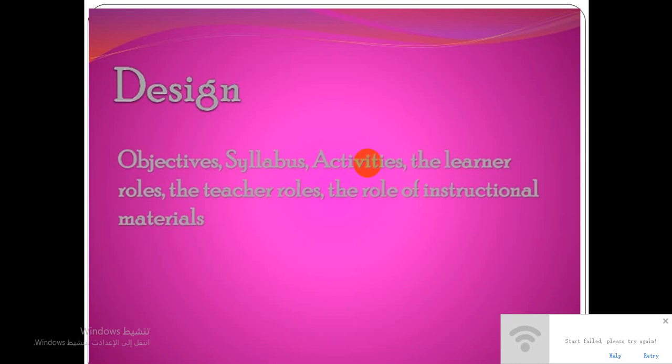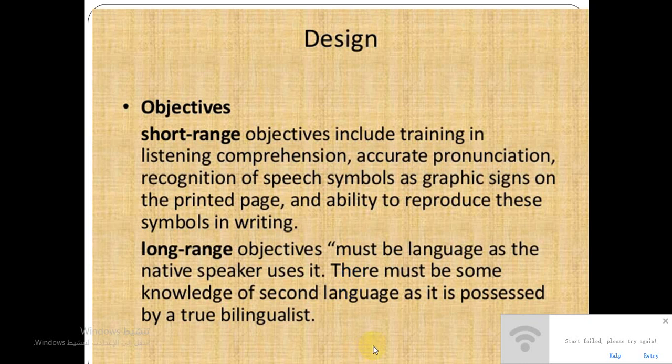The design of the audiolingual method includes objectives, syllabus, activities, the learner roles, the teacher roles, and the role of instructional materials. There are two objectives in this method.